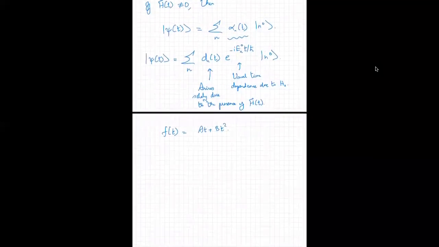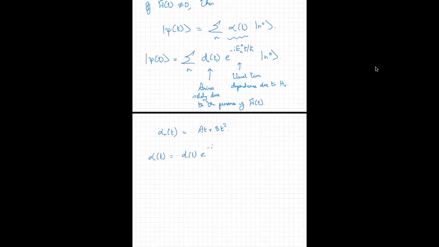Yeah, absolutely. See, because this is some function of time. Let us say that alpha n of t is some at plus bt square. Now I wrote alpha n of t as dn of t times e to the minus i En0 t over h bar, right?